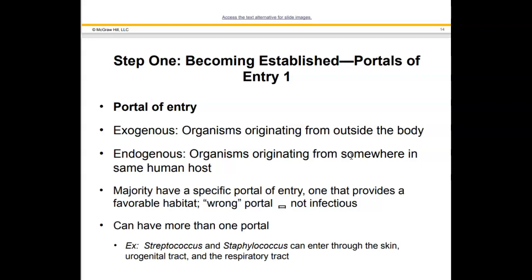So there are several different portals of entry for Bacillus anthracis, and depending upon where it enters, it can have different virulences. Cutaneous anthrax has a very low mortality rate compared to if it were to enter through your respiratory or your gastrointestinal tract. So pathogens can have more than one portal, and because of that, there can be different virulences based on that.